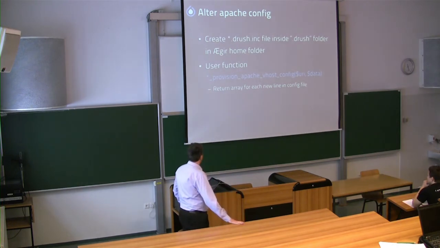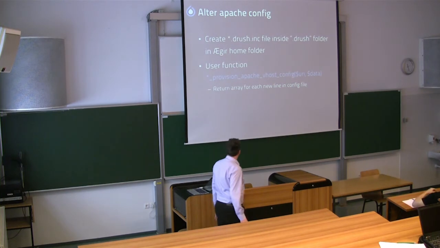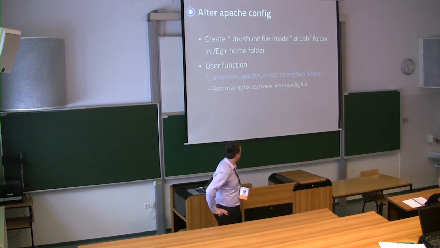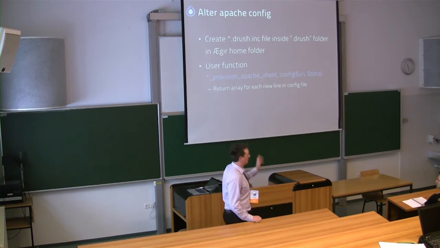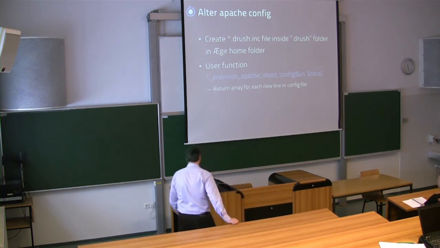For example, I'm using this very often: provision Apache virtual host config. The GUI string is a string containing the virtual host name. So you just examine if it equals something, and you return new lines of code for the web server config file.